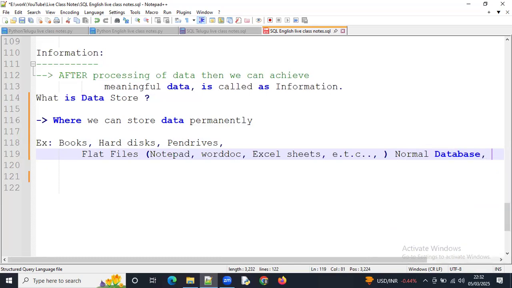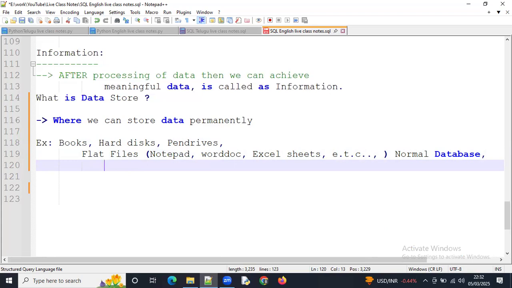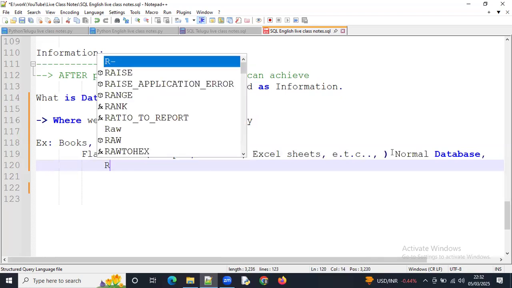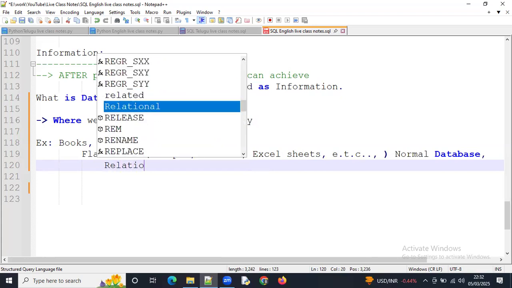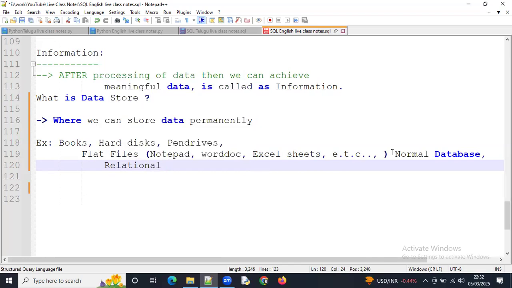Normal database, and then we also started using relational databases, relational DBs.